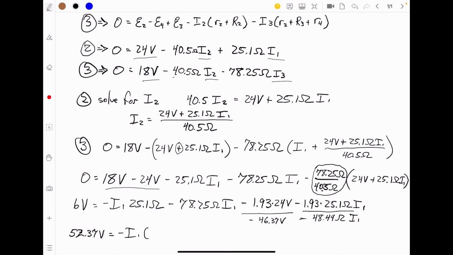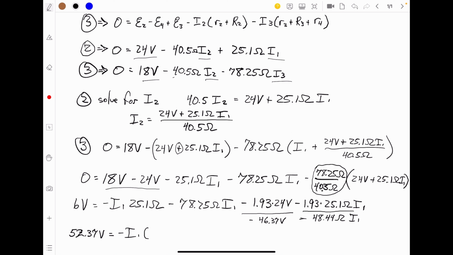And we're going to take 25.1, add it to 78.25, and add it to 48.44. So I'm going to add 25.1 and 78.25, and 48.44.